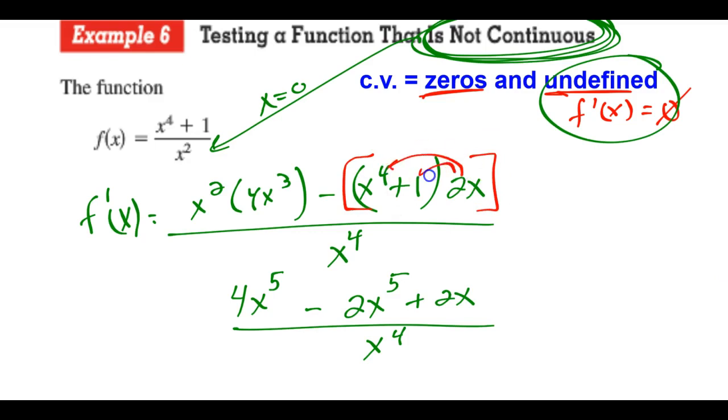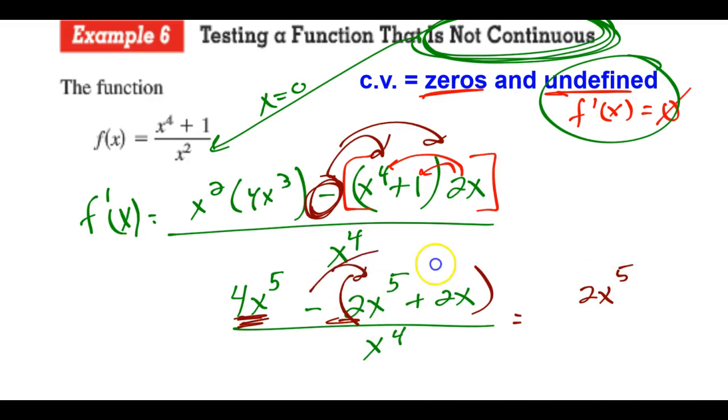So when I distribute this, I have to remember to go back and distribute this negative throughout everything. So it's actually like this. And so this is really 4x to the 5th. So 4x to the 5th, take away 2x to the 5th is 2x to the 5th, but I need to distribute this. So this is minus a 2x, all over x to the 4th.